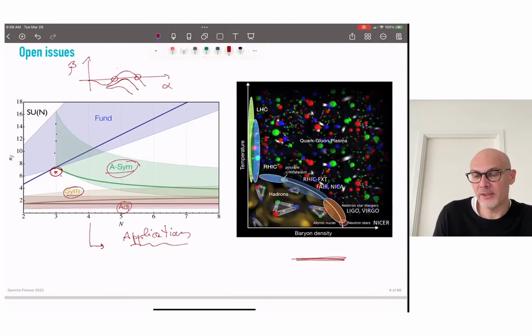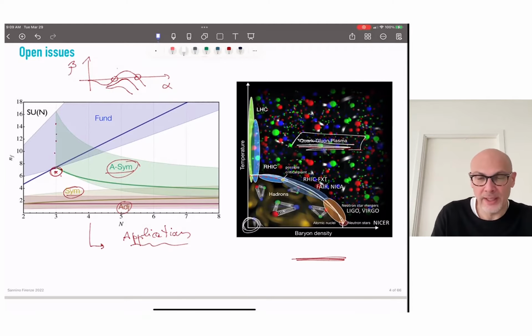What we can affirm without being wrong is that definitely you expect that here a very large matter density or temperature enters a quark-gluon plasma. We know what happens at very small baryon density and temperature, and eventually we would like to map the phase diagram as a function of temperature and density.